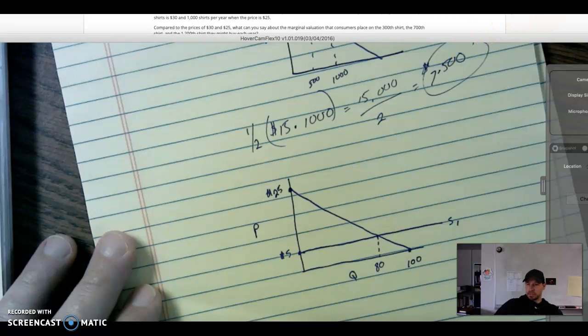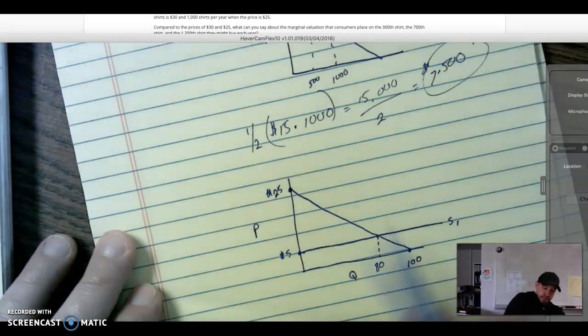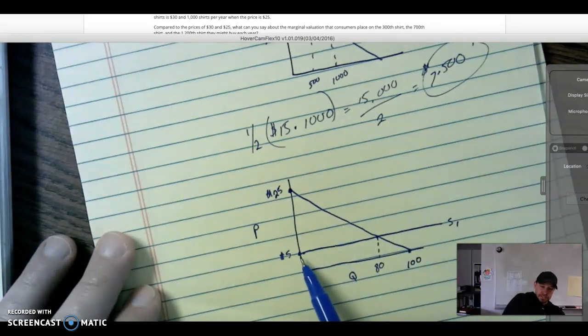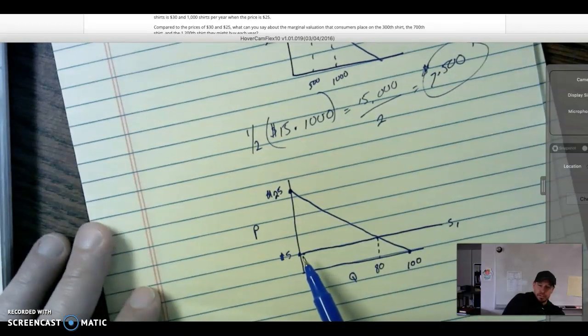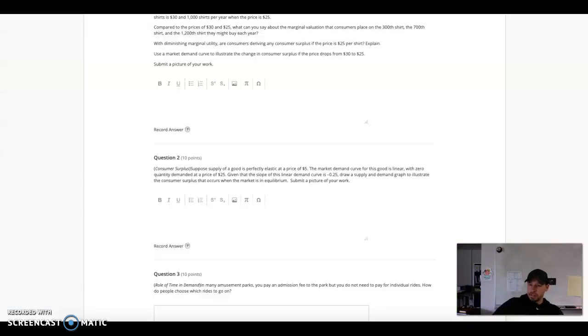I believe the question is asking, draw a supply and demand graph to illustrate the consumer surplus that occurs when the market is in equilibrium. So this area, remember consumer surplus, the difference between what we are willing to pay and what we have to pay, or what we did pay. So all of these units, and what is this for again? I can't remember the good.